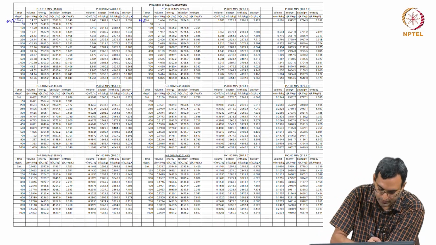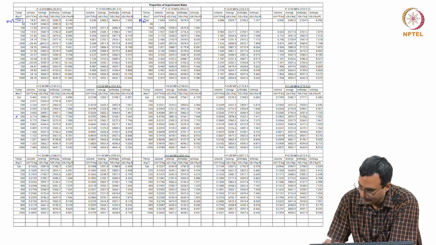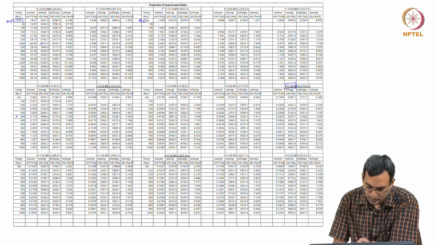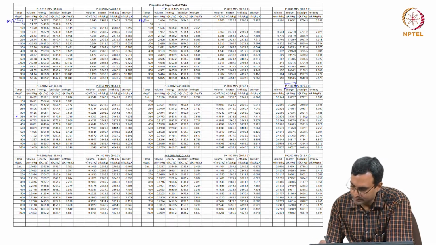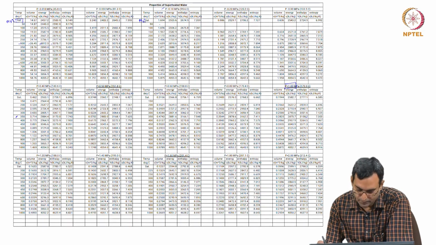I am looking here in this row corresponding to 1 megapascal. In this row I have the value of 3158, which is not useful to me. I need 3331, which lies between these two.